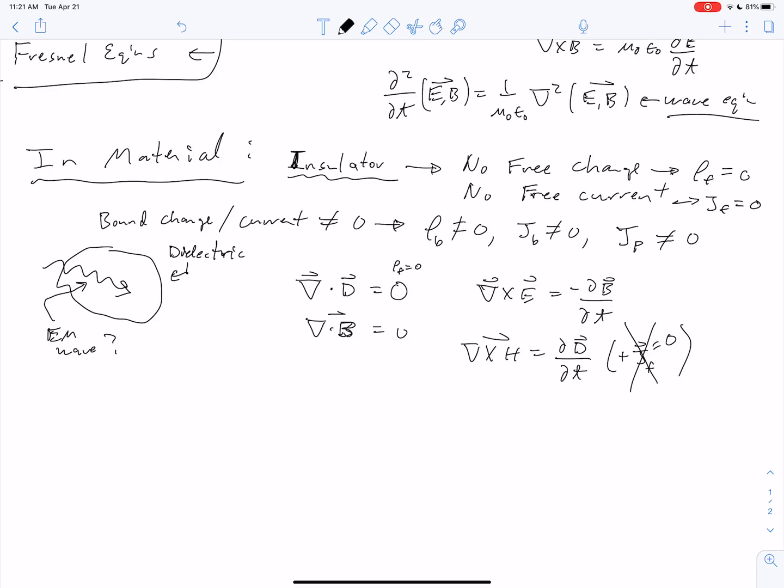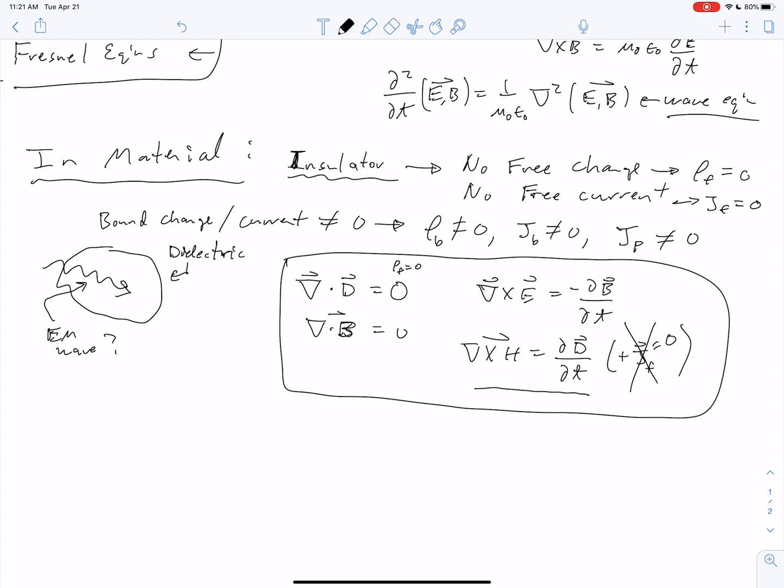And so Ampere's law is del cross H equals dD dt. These are our Maxwell's equations in a dielectric. Here, I'll circle them. And so the question is then, do these Maxwell's equations in matter support waves? And they do, and it's really easy to show.